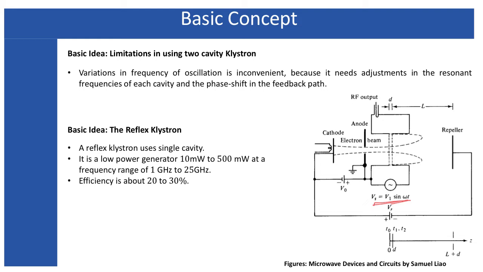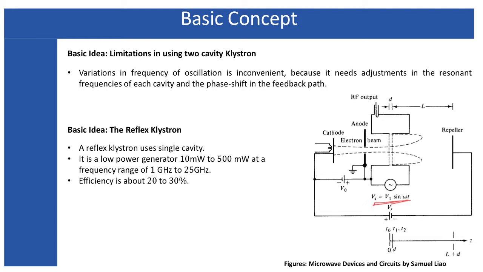As we know, velocity modulation takes place due to the bunching process of the electrons, and the bunching is done because the electrons which pass the gap during the negative half cycle, or retarding phase, of the gap voltage get decelerated, and the electrons get accelerated when they pass during the positive half cycle, or accelerating phase, of the gap voltage.